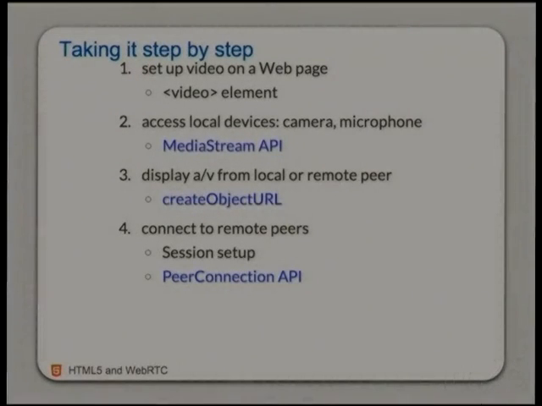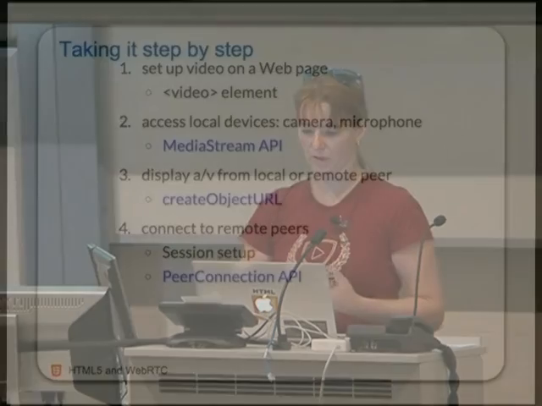So we're taking it step by step today. I'm going to show you the key elements that enable us to do video conferencing on the web. One is the Media Stream API, which allows us to access local devices. I'll skip the first one, creating video elements, because I've talked about that for 3 years now. Everyone is already familiar with it. So the second one is the Media Stream API, getting access to your local camera, your webcam, whatever camera you have locally, your microphone.